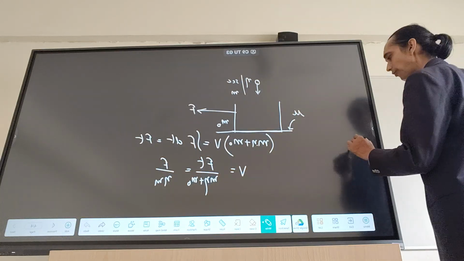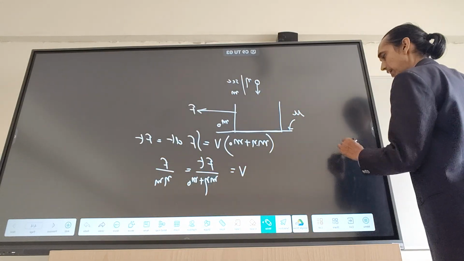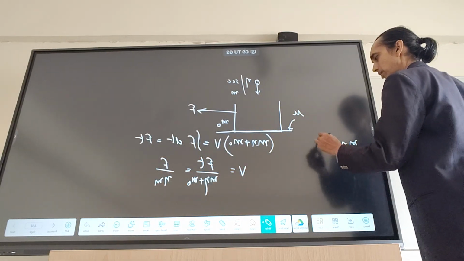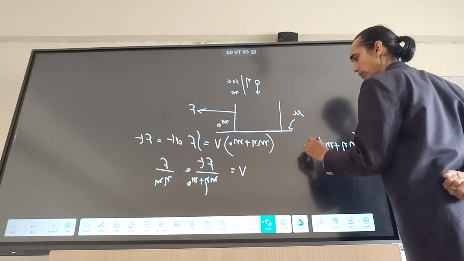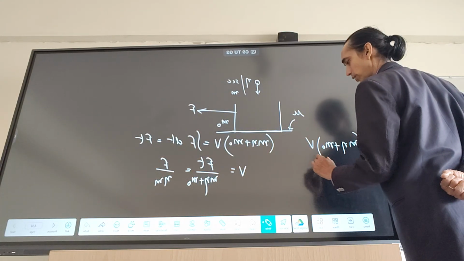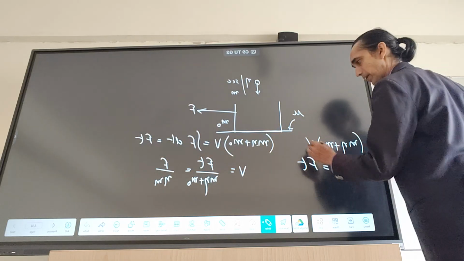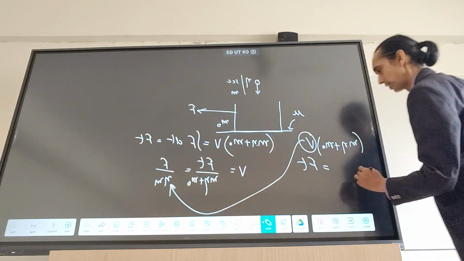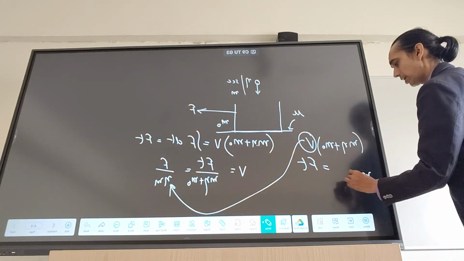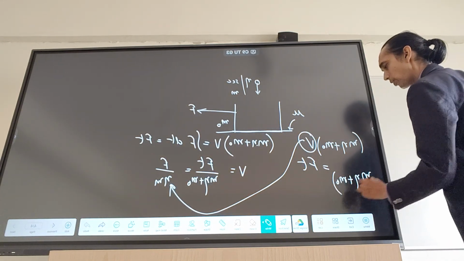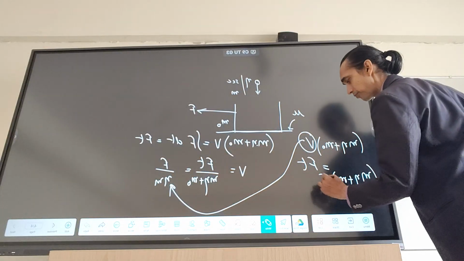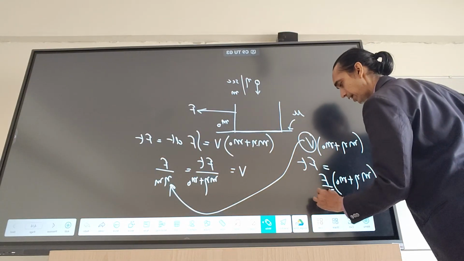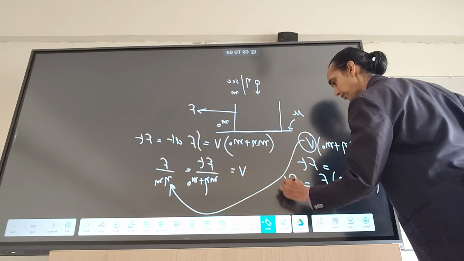For the time in which half of it is achieved, we can mark (nm plus m0) into v equal to F into t. Now v will be replaced by what we want, half of the maximum. So (nm plus m0) times half of F by nm is equal to F into t.